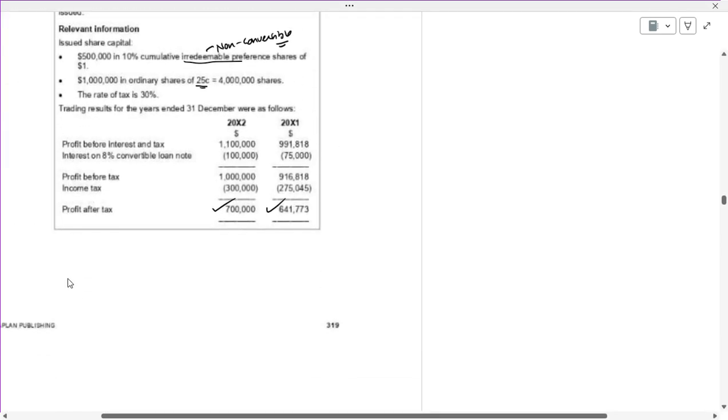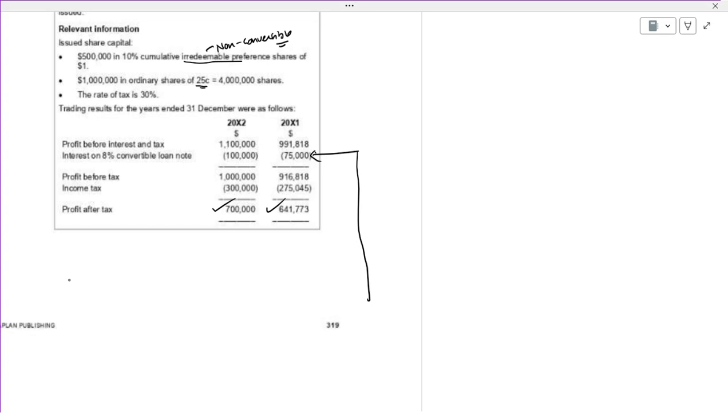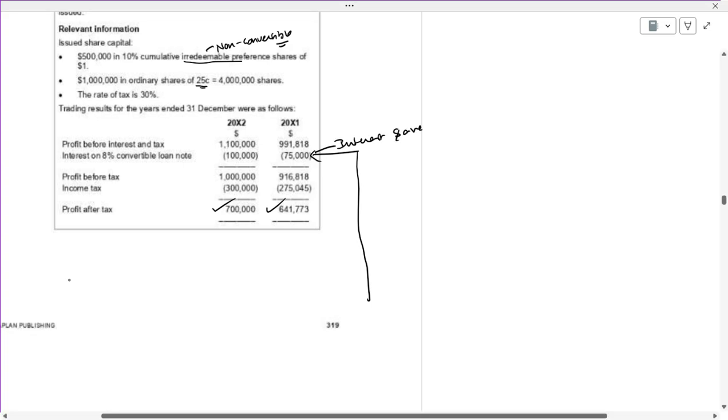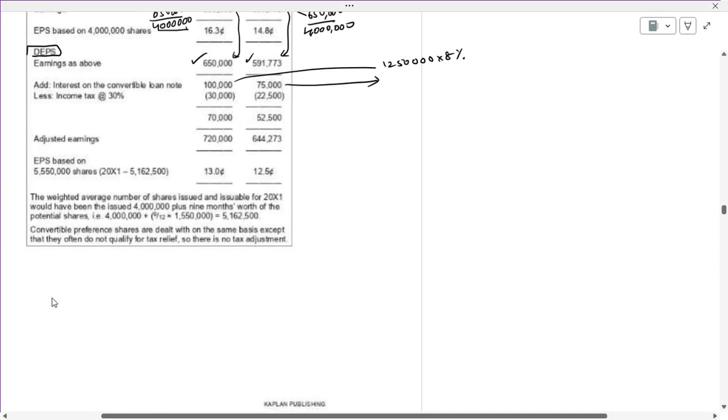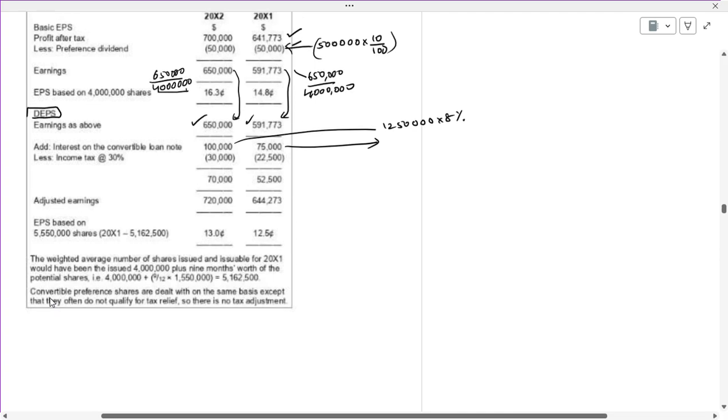This much is the interest amount we are paying. This much is the interest we are going to save. This is the interest we have been saving, so we have added the interest.